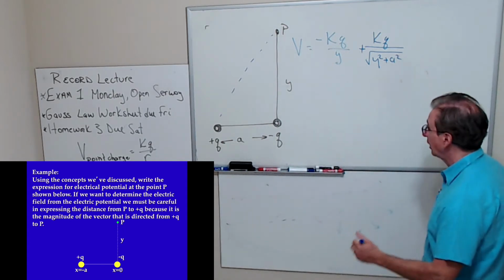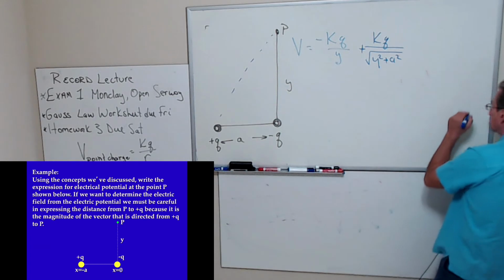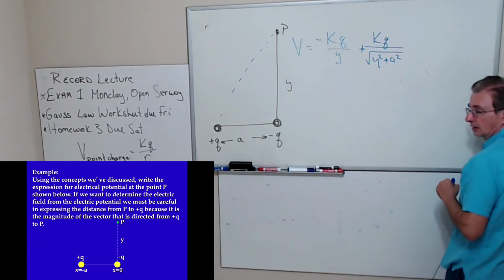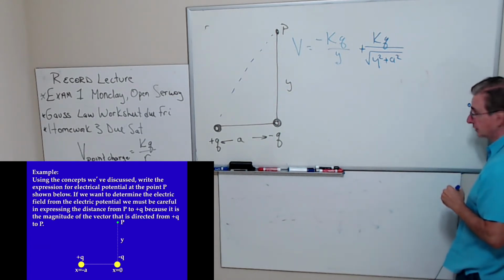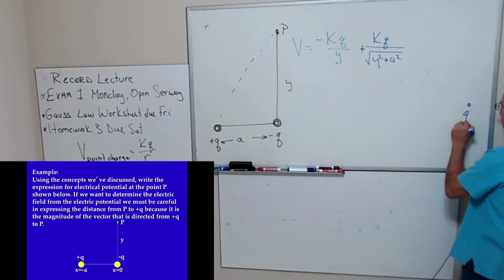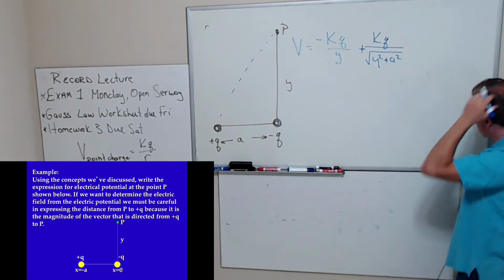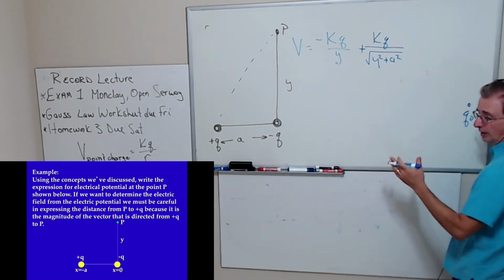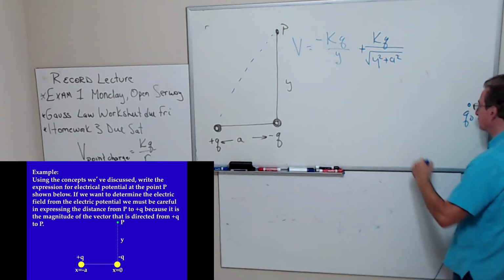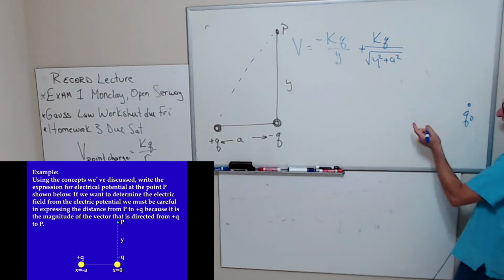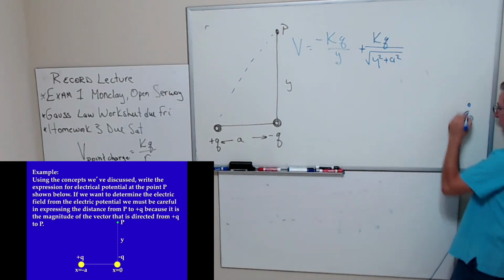If, for example, I ask you, suppose I put a charge Q naught here, and then let it go in the vicinity of those charges. Let's say I know which way it's going to go, because this one's actually harder. It goes from here to here.